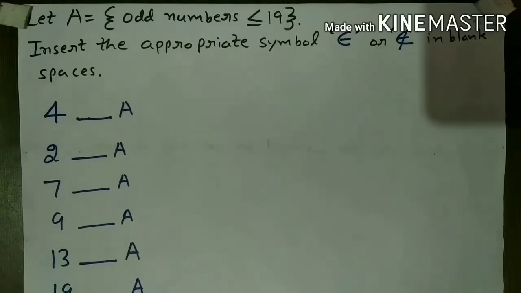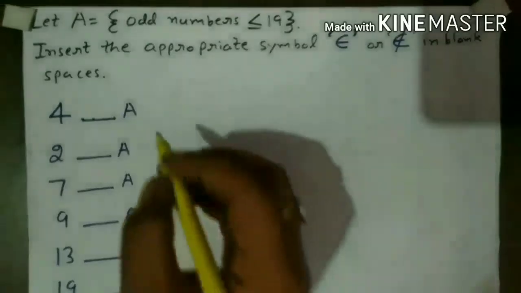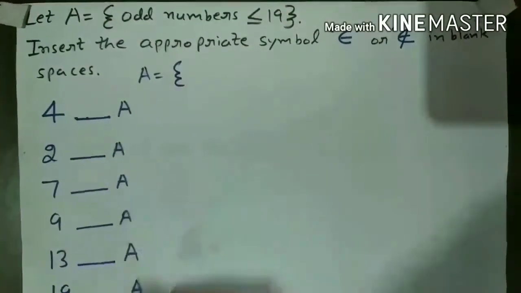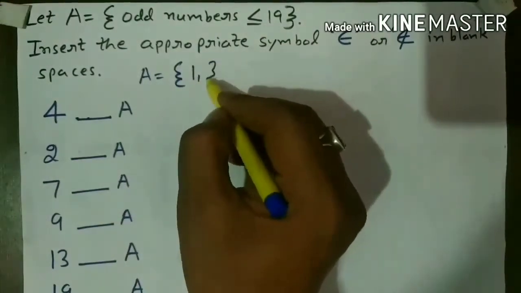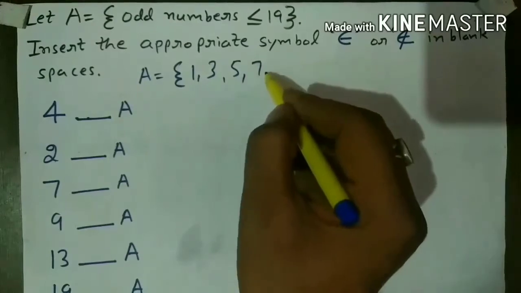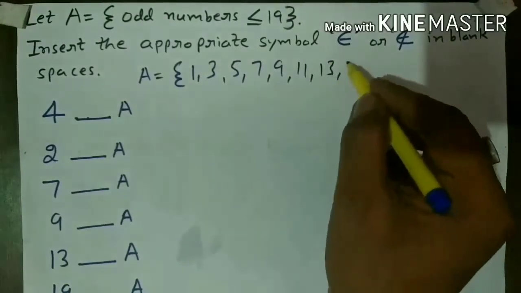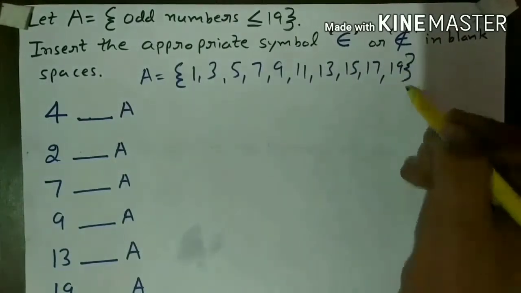So firstly I will write this set in the roster form. Set A is 1, 3, 5, 7, 9, 11, 13, 15, 17 and 19.